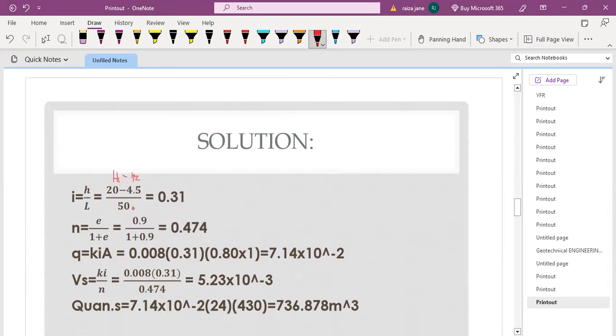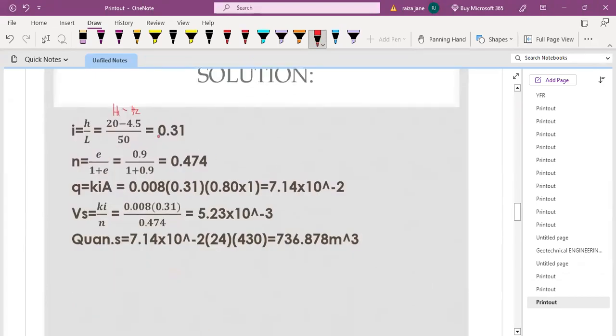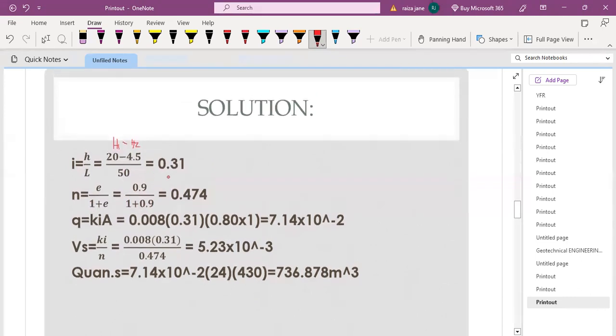Minus natin siya. Then, over, yung i-substitute natin yung value natin ng concrete dam, we have 50. So, we can get 0.31. And then the porosity is equal to void ratio over 1 plus E is equal to 0.9 over 1 plus 0.9, is equal to 0.474.